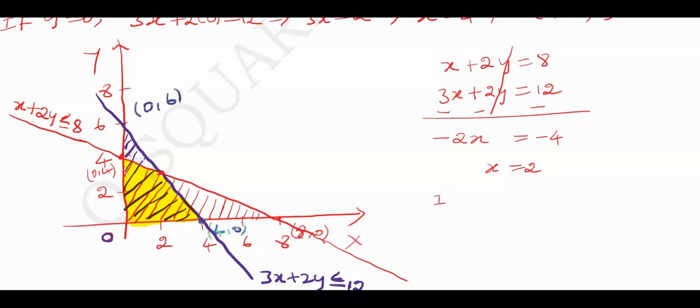If we give x is equal to 2 in any one of the above equations, then we'll have 2 plus 2y is equal to 8. From this 2y is equal to 6, y is equal to 3. So the intersecting point for these 2 lines is 2, 3.